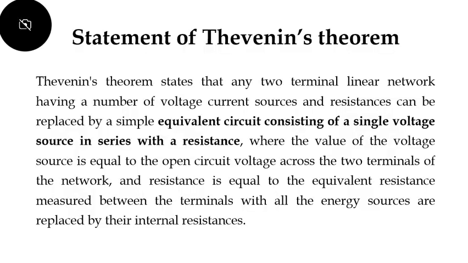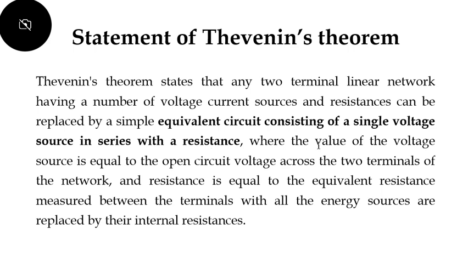Let us see the statement of Thevenin's theorem. Thevenin's theorem states that any two-terminal linear network having a number of voltage sources, current sources and resistances can be replaced by a simple equivalent circuit. That simple equivalent circuit consists of a single voltage source in series with a resistance.